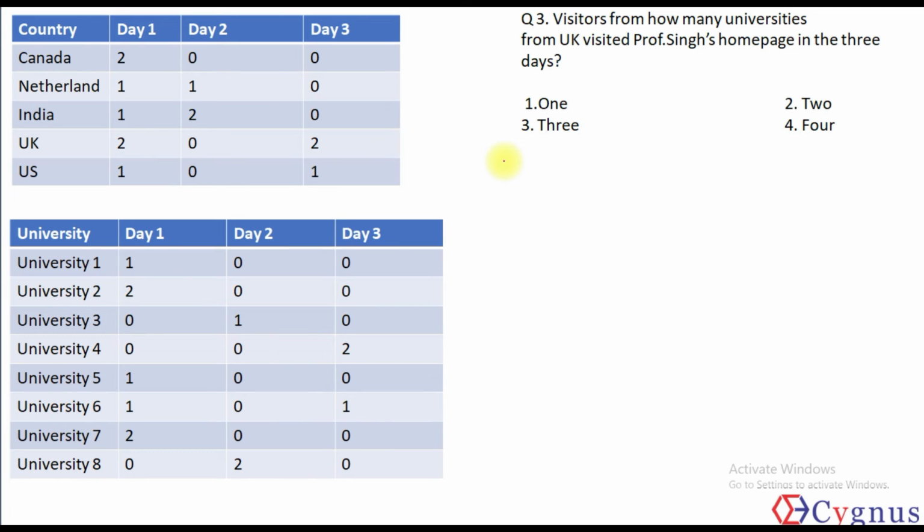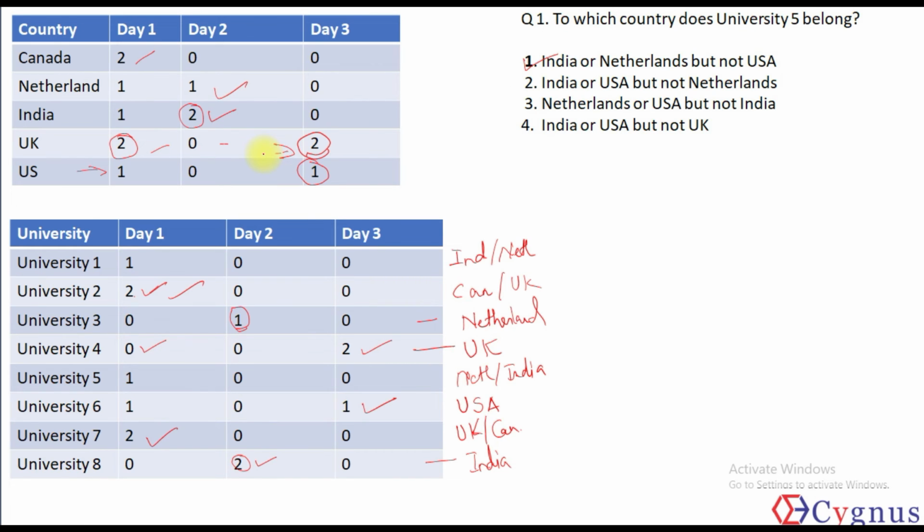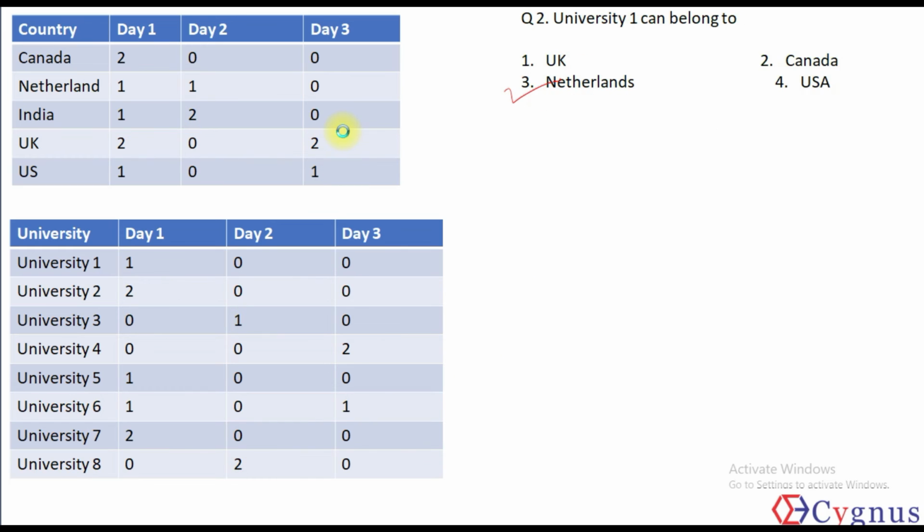Visitors from how many universities from UK visited Professor Singh's homepage in 3 days? Fine. If you look at the solution here, visitors from UK. These 2 and these 2. What's the question?